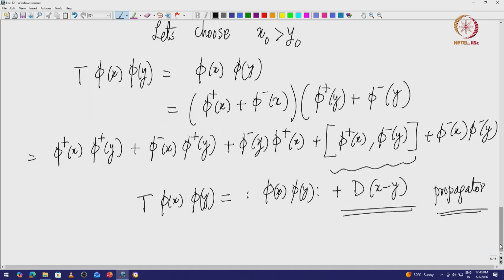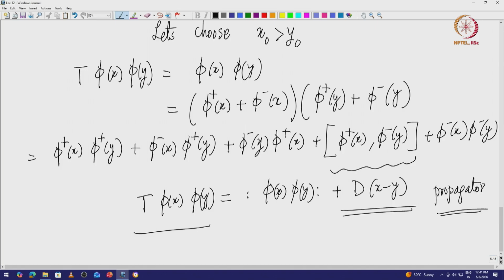Now the point is that the time ordered product of pi x pi y is a normal ordered product of pi x pi y. On pi minus there are no annihilation operators, so we can forget normal ordering.